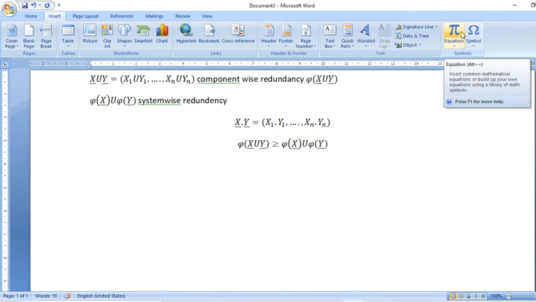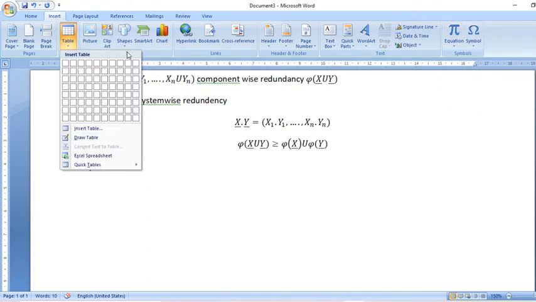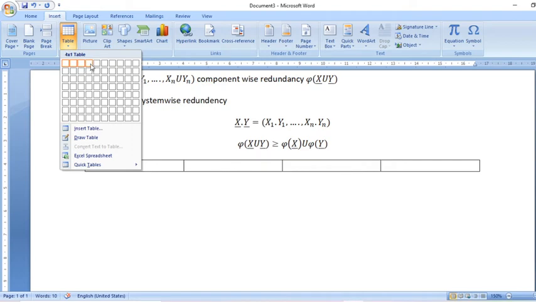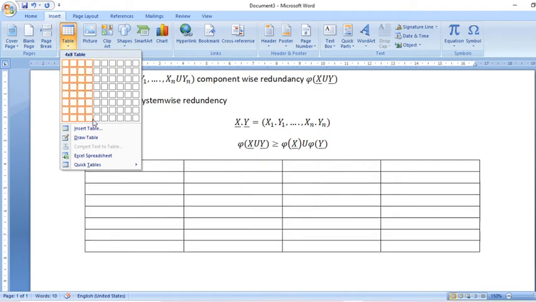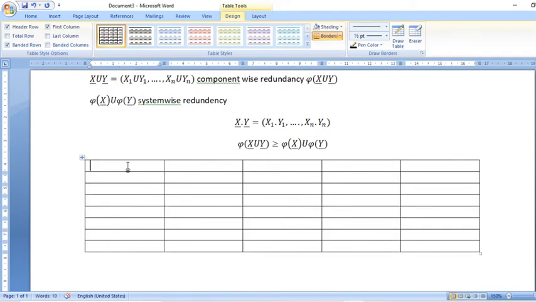Let us consider a table with 1 2 3 4. Okay, let us consider this is the state of the ith component, this is the state of the ith component, this is xi union yi. Okay, only 3 columns are required. Suppose this is 1 and this is 1. What happens?